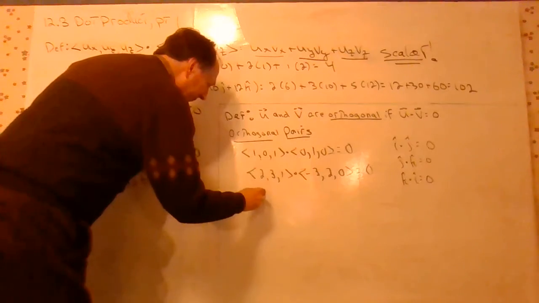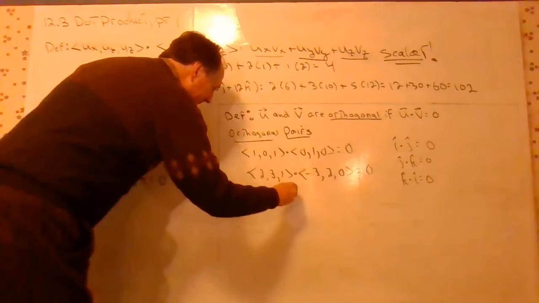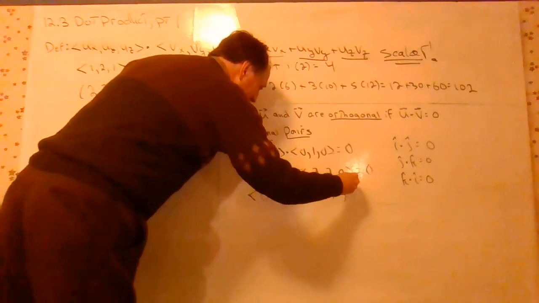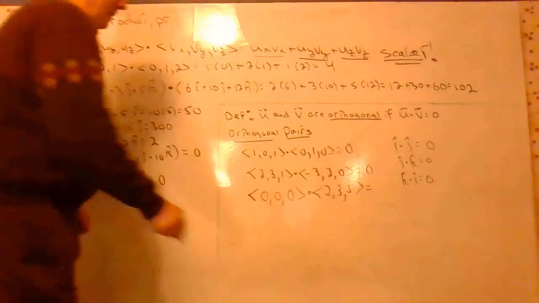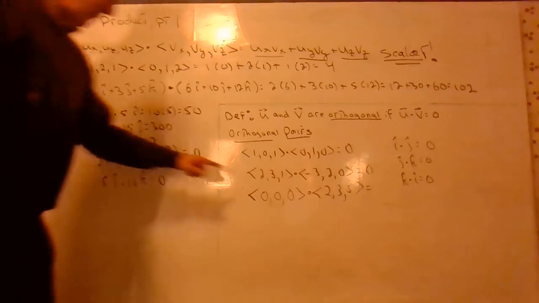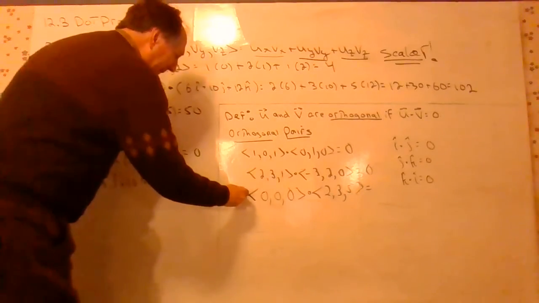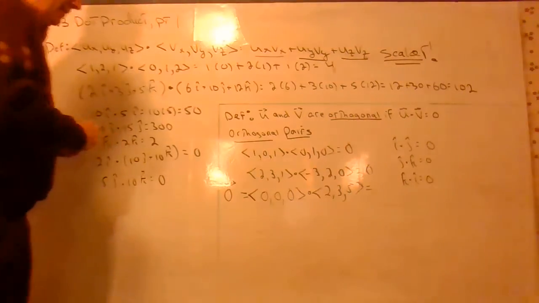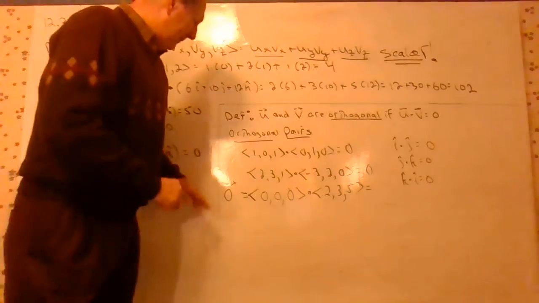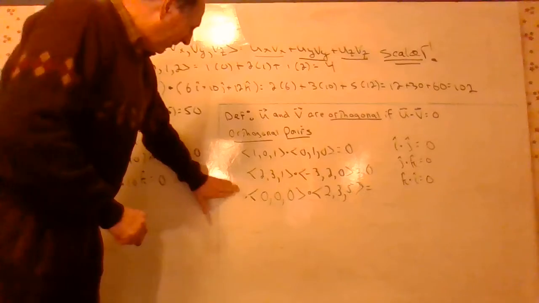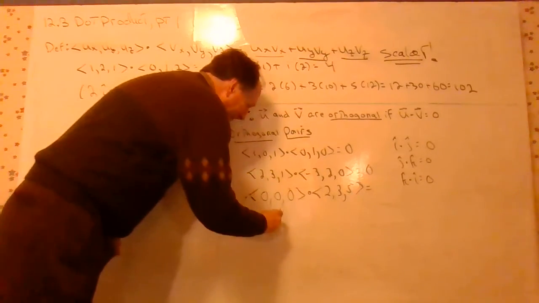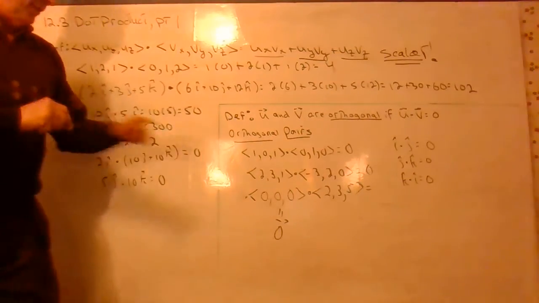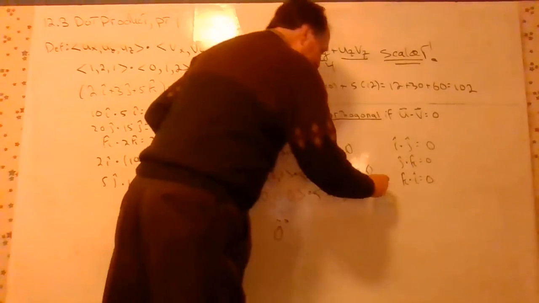Here's one more case. The zero vector, <0, 0, 0>, which you can indicate as 0 with an arrow over it. 0 dot anything is obviously 0.